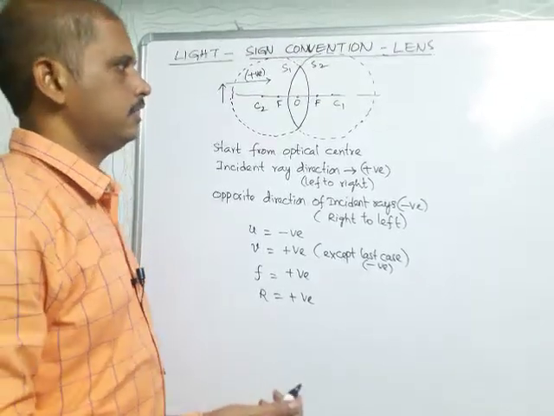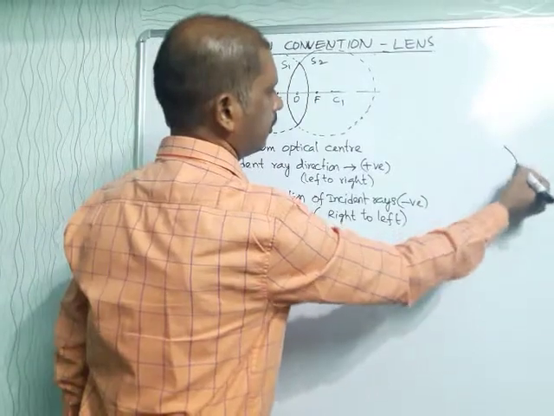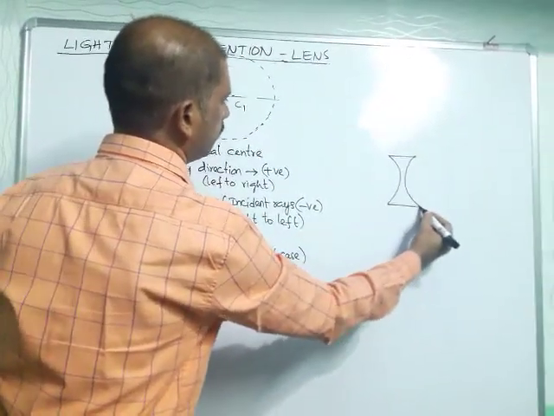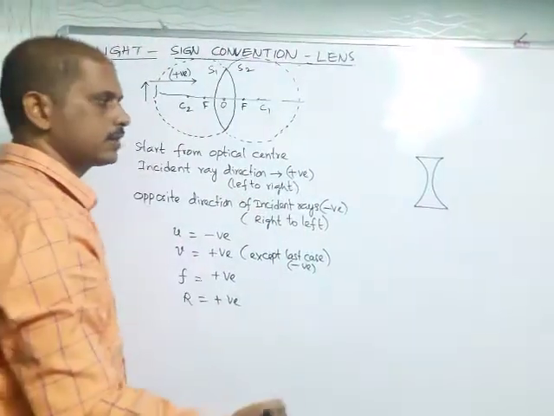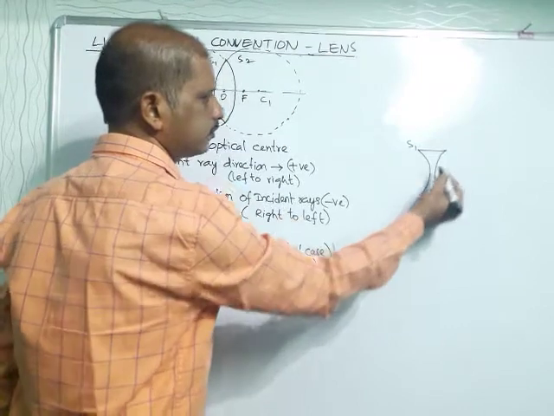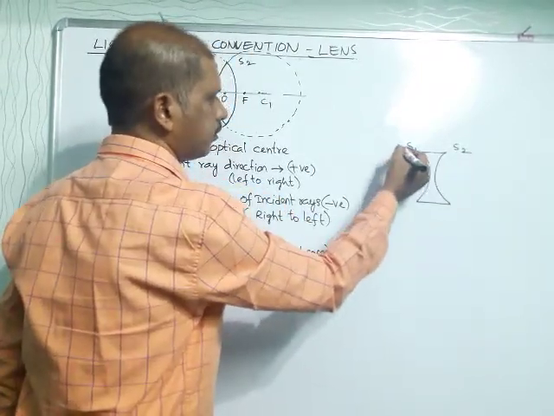Now let us see a concave lens. I will take a concave lens here. The same rules you have to follow. This concave lens has surface S1 in this direction, and surface S2 on the other side. Each is a cut part of a sphere.